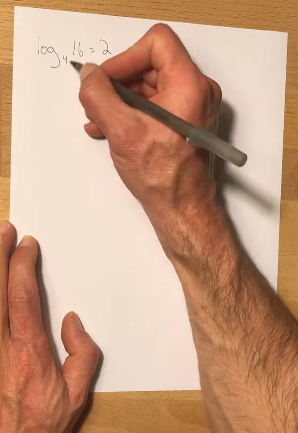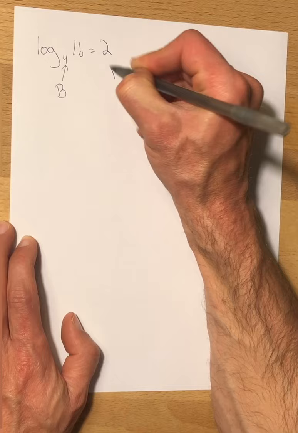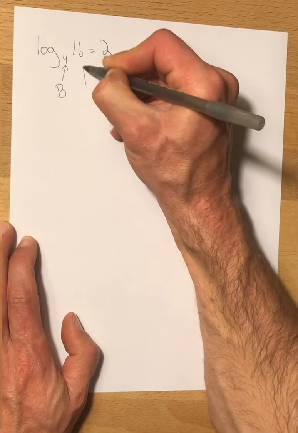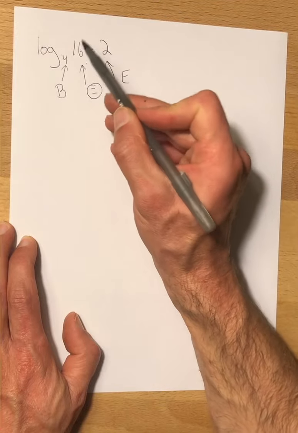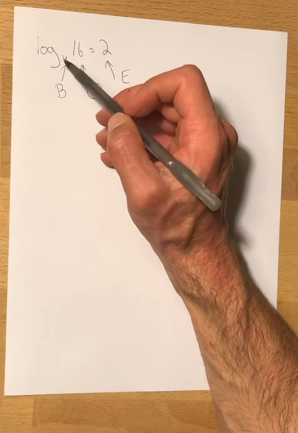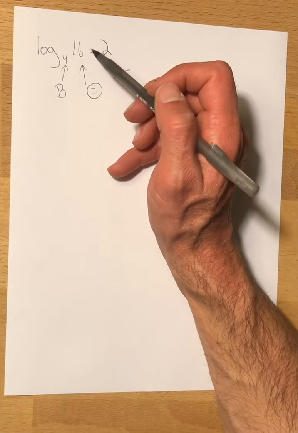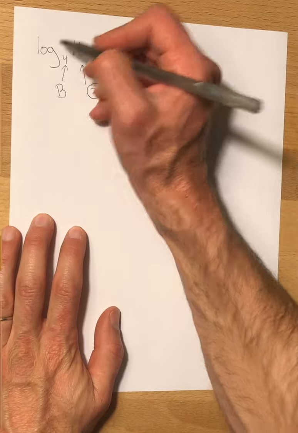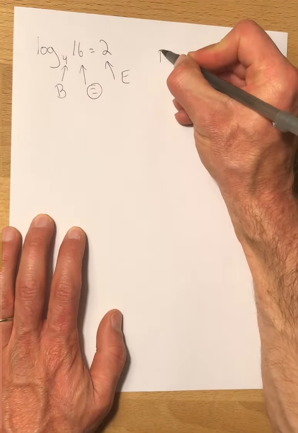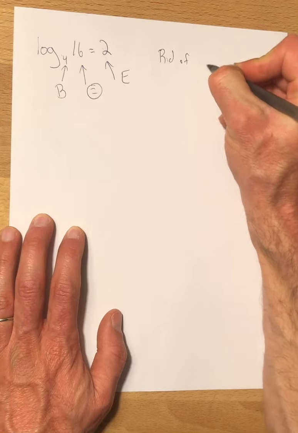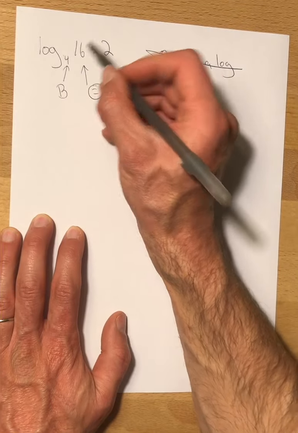But what I tell you in the notes is, think of it like this: base, exponent, what it equals. This is called logarithmic form, and the inverse of logarithmic form is exponential form. There's only one way to get rid of a log, and that is to change it to exponential form.